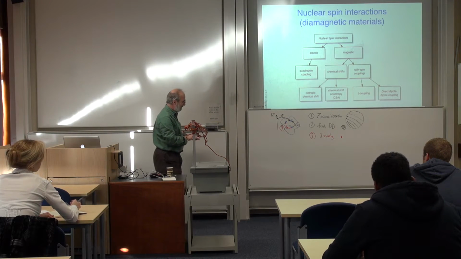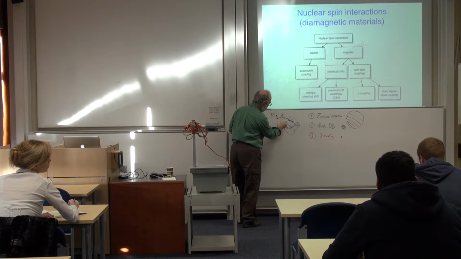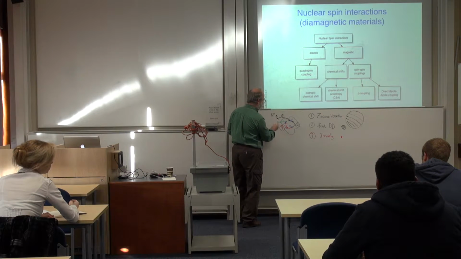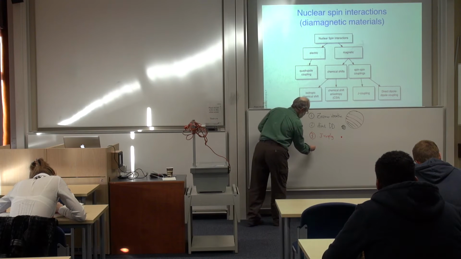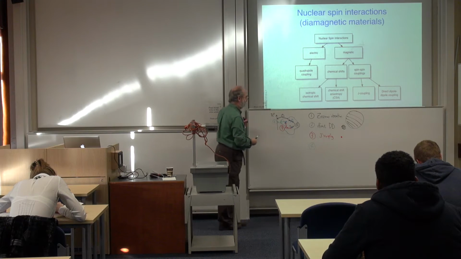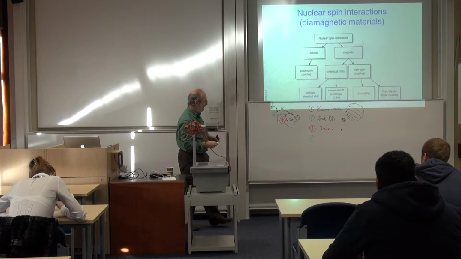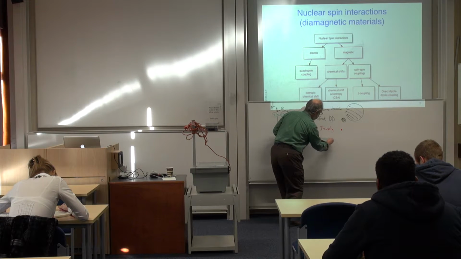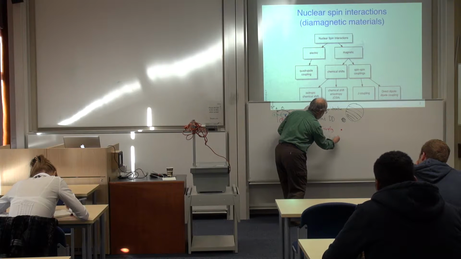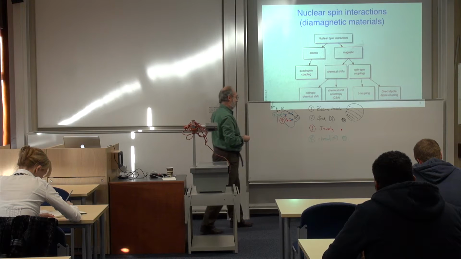And then we have an interaction from the nuclei to the electrons, and then from the electrons to the magnetic field. That's number 4. What's that called? That's called chemical shift. Very good. And roughly speaking, that's about the same size as the dipole-dipole interaction.